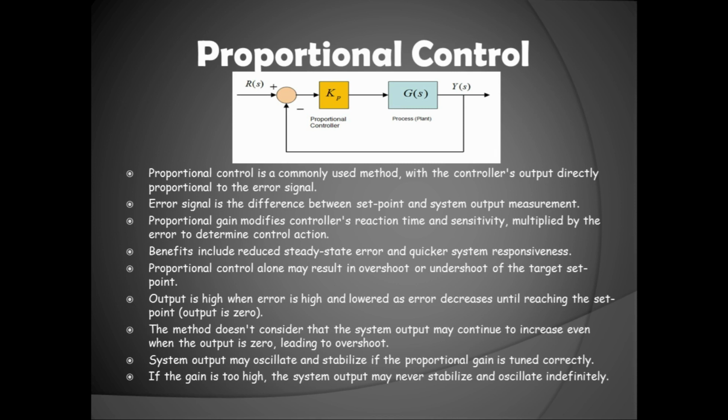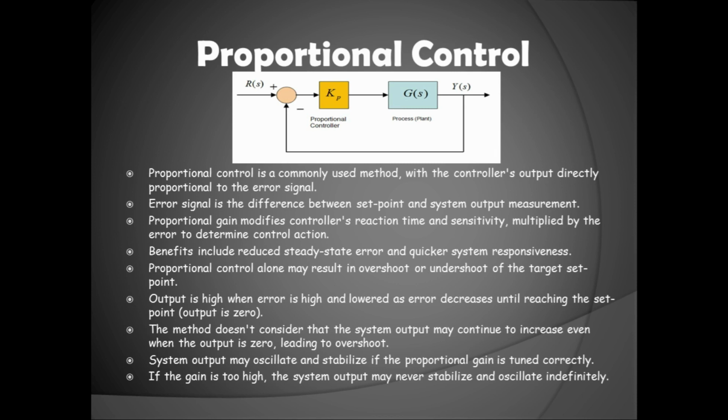A proportional controller's output is high when the error is high and is lowered as the error decreases until the system output measurement reaches the specified set point, then the output is zero. However, this method doesn't take into consideration that even if the controller's output is zero, the system output might still increase, causing an overshoot.